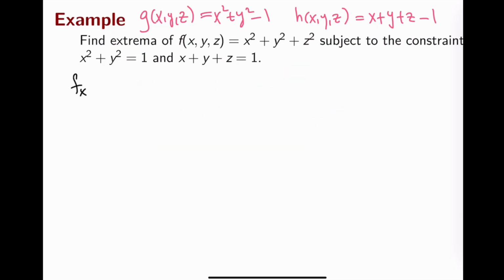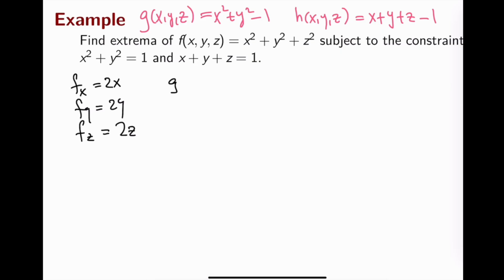The derivative of f with respect to x, so the function f is this, the derivative with respect to x is going to be 2x. The derivative with respect to y is 2y, and the derivative with respect to z is 2z. Let's go now to the function g, and let's do the same.